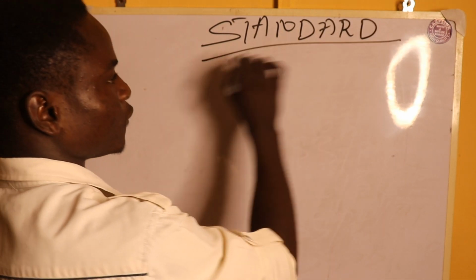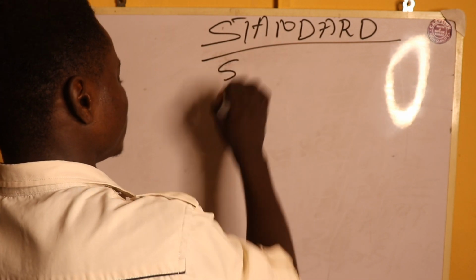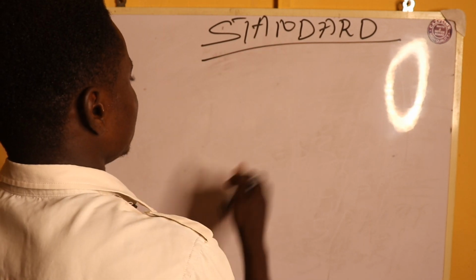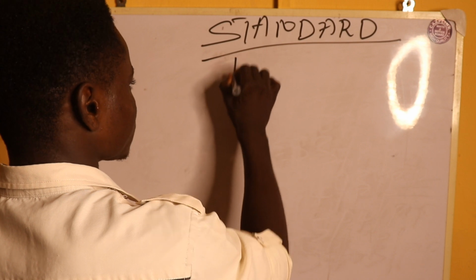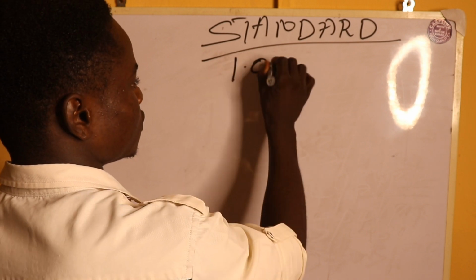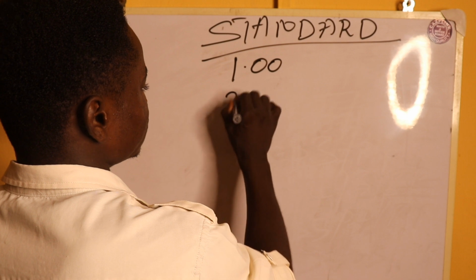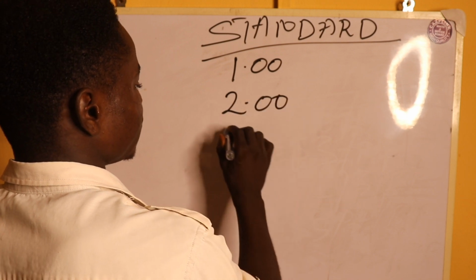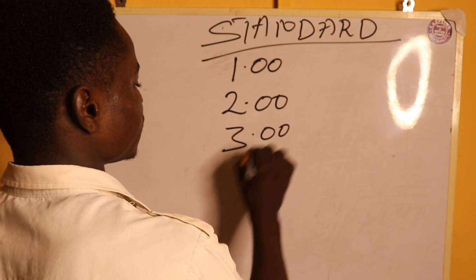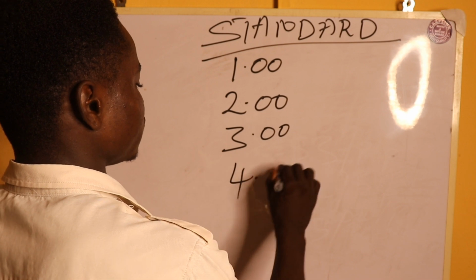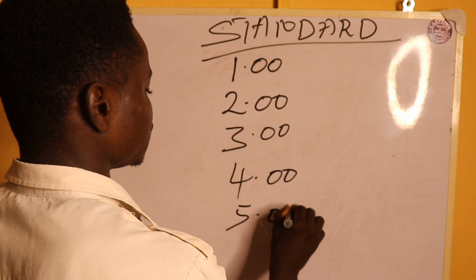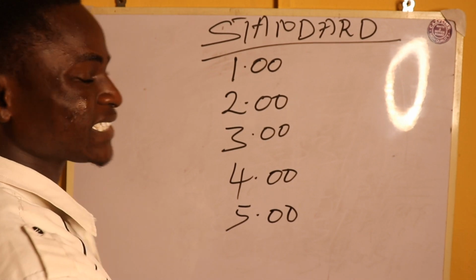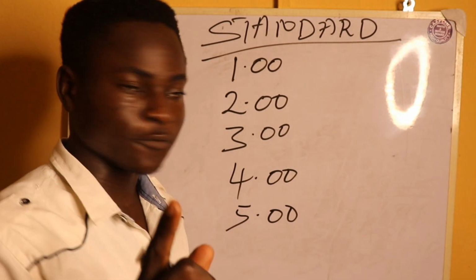Then for this standard lot, it starts from 1.0, then 2.00, 3.00, 4.00, 5.00. So this is what we call a standard lot size in the forex market.